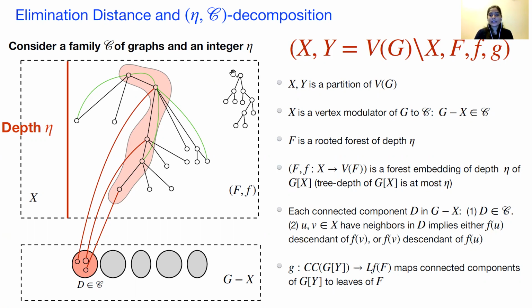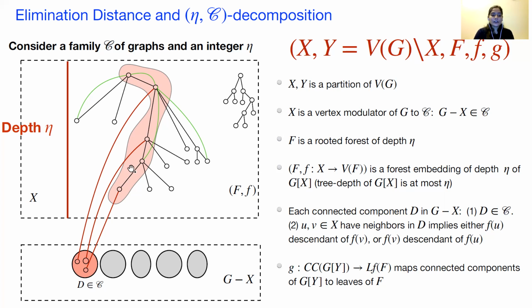That is, we have a rooted forest F of depth eta, and we can obtain a rooted forest and a mapping of the vertices of X into the forest, such that for every edge which has both endpoints in X, suppose UV is the edge, such that U and V are both in X, then they are in an ancestor-descendant relationship.